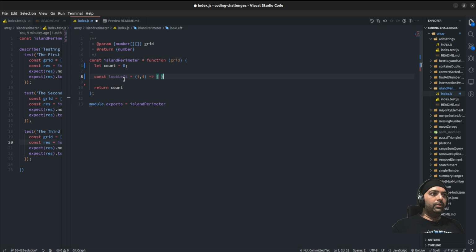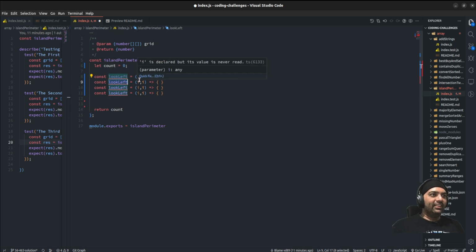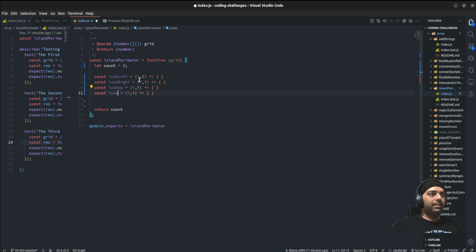We would be doing the same with lookUp, lookRight, and lookBottom. So I would be doing copy paste, saying over here lookRight, then we have lookUp. So we would be taking the upper one, and we have lookBottom.